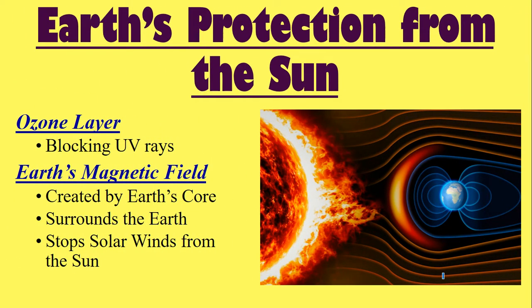Now, the Earth does protect itself from the sun, because the sun can be very harmful to the Earth without our protection. The first protection it has is the ozone layer. It's a layer inside the atmosphere, and what the ozone layer does is it blocks or absorbs UV rays so that they don't reach the Earth. If pure UV rays reached the Earth, it would start burning people up.